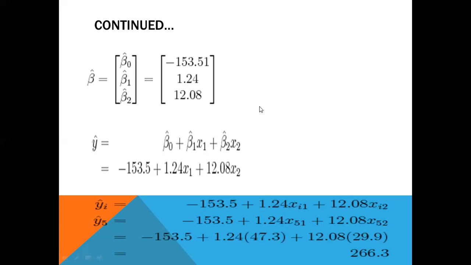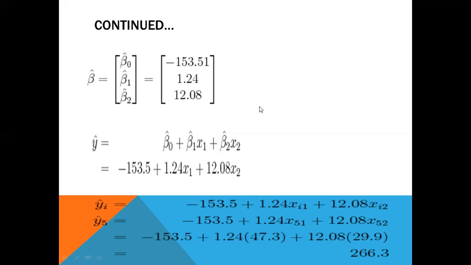Okay, then now it is easy to solve y1, y2, y3, y4, y5 like this. So for example, y cap i equals minus 153.5 plus 1.24 xi1, plus 12.08 multiplied by xi2.